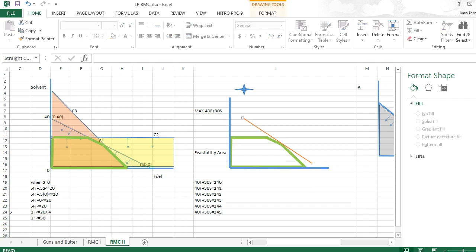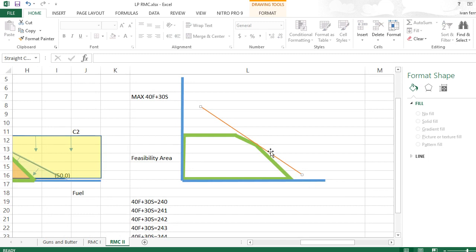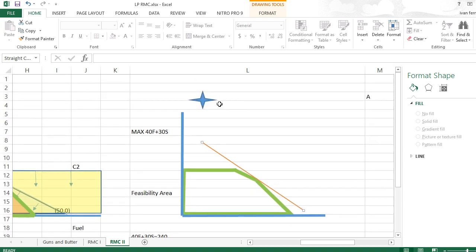Let me zoom in. The optimal solution to this problem, you will find it where the objective line barely, well, not barely, but touches a critical point on the feasibility line, and there are multiple critical points.